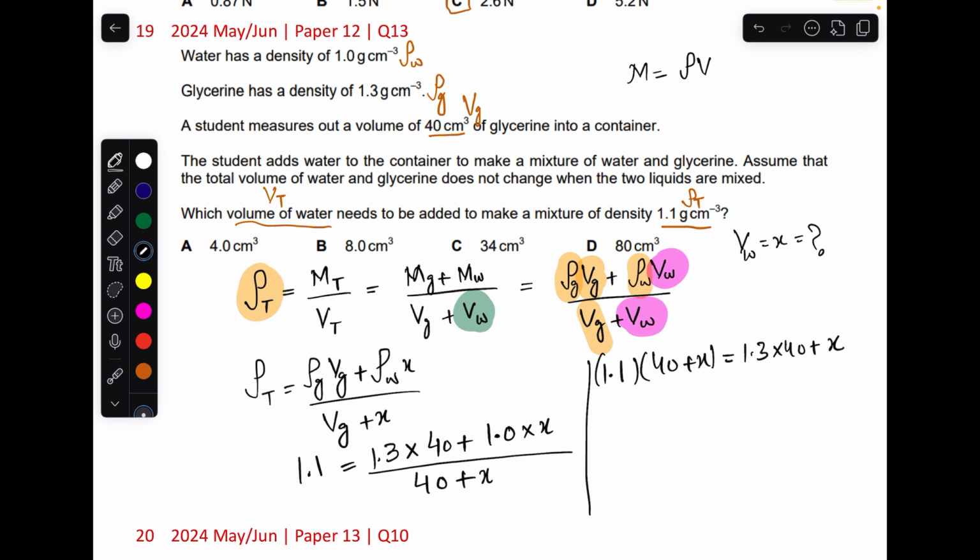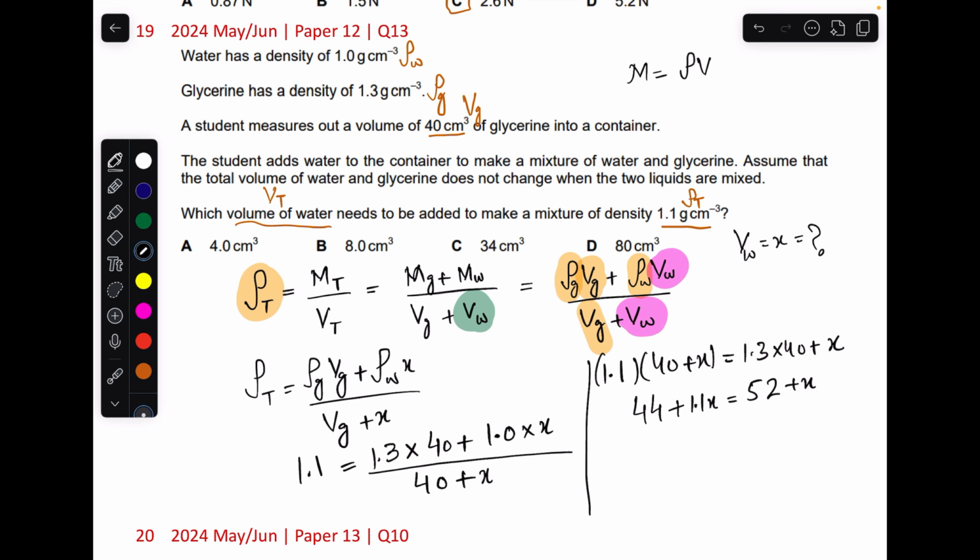Now you can open this bracket, so it will be 40 into 1.1, that will give you 44, plus 1.1x is equal to 1.3 into 40, which gives you 52, plus x.